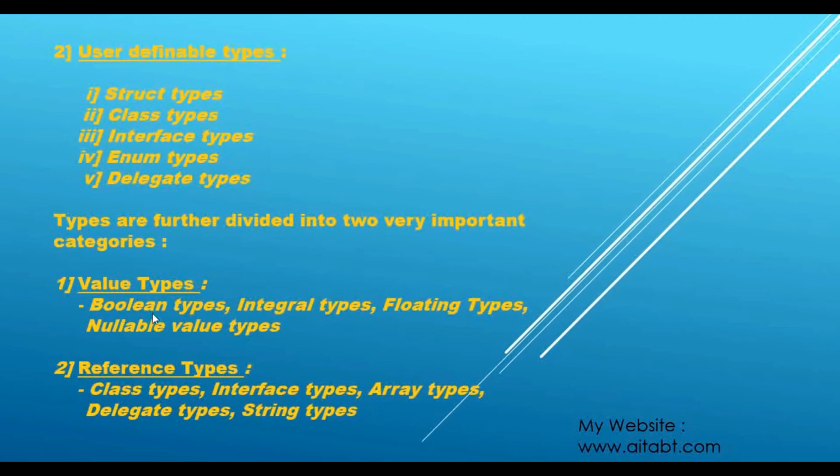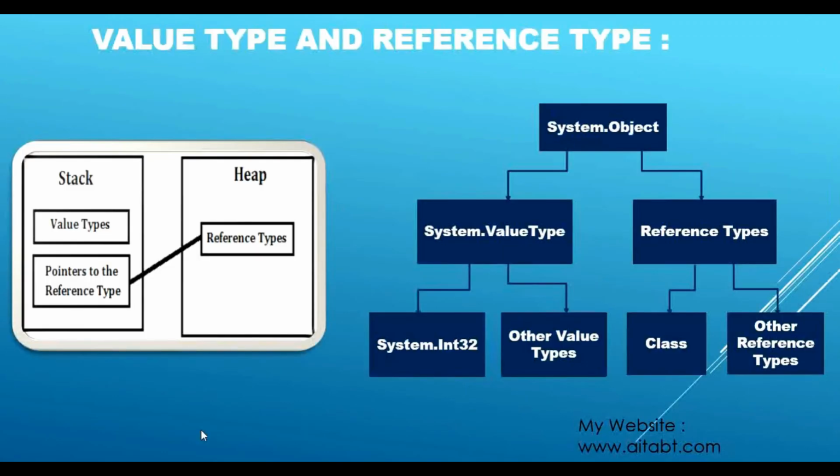Now we will see what value type and reference type are, and for that let's see this diagram first. On the left side you can see the stack, and on the right side there is a heap. Value types are always stored on the stack. Whenever you define any value type, the variable of that type gets stored on the stack.